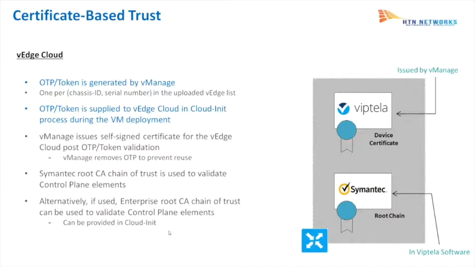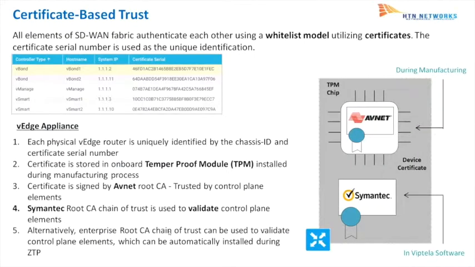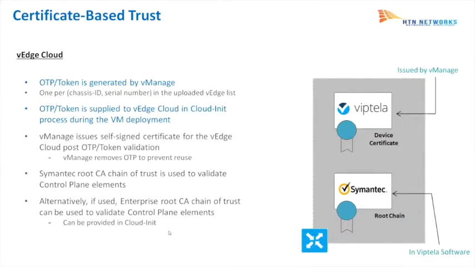The only difference is that in the hardware type vEdge, the security is in the hardware chip, which is installed on the router during the manufacturing process, and the same type of security is provided on the vEdge cloud in the software. So that functionality which is in the hardware in the vEdge appliance, you get in the software.